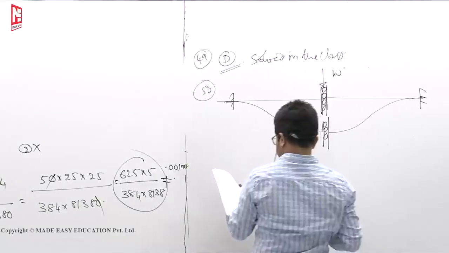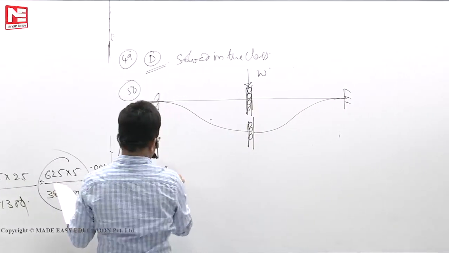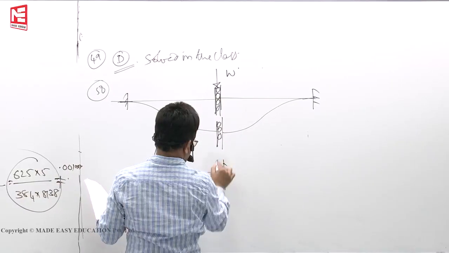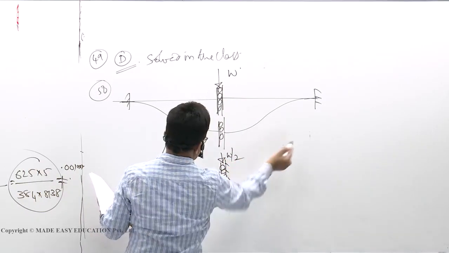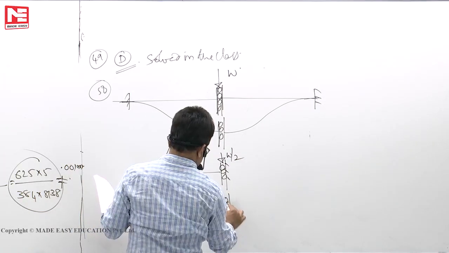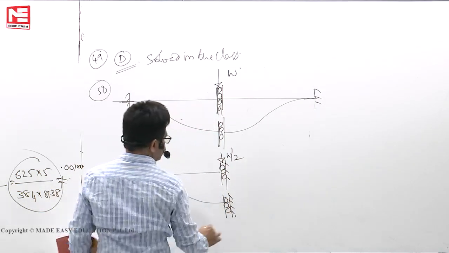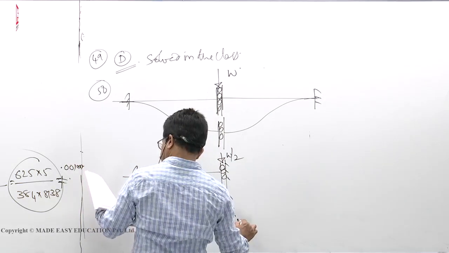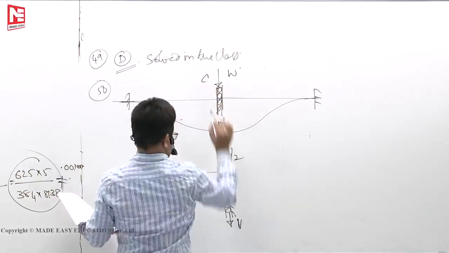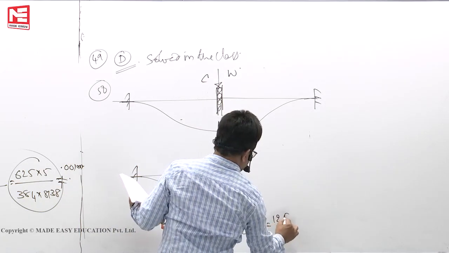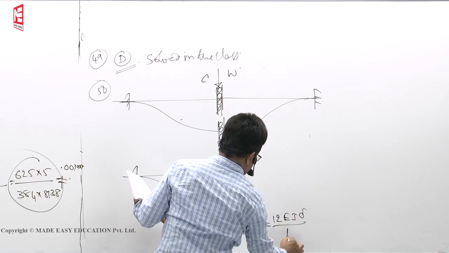How will they share? If you take only one beam, one takes W by 2, the other takes W by 2. So it will come down like this. So W by 2, this force is V, at some center point, let us say C, VC is equal to W by 2 is equal to 12 EI delta by L cube.